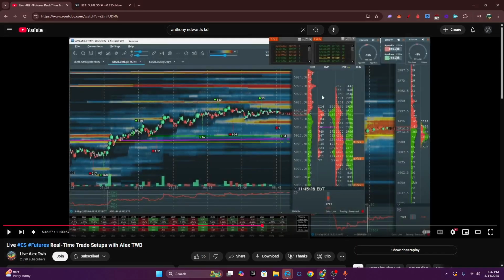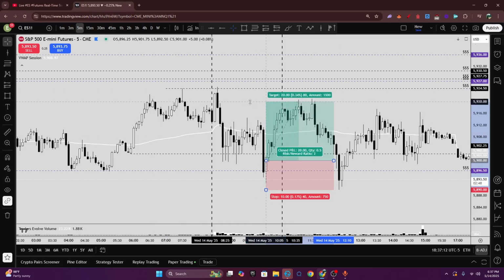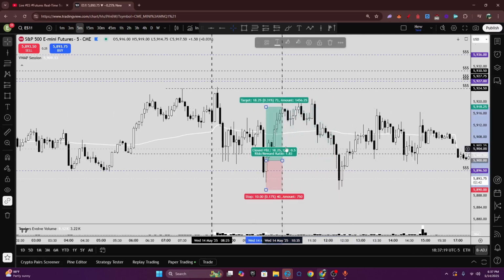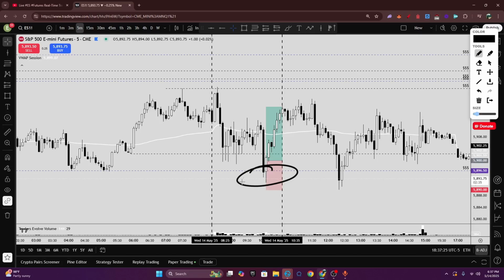And now might be a good area to exit. 5920 did happen to be the area of selling composure, so potentially around 5917 would have been an exit, meaning that this would have been a decent trade that could have been taken simply because we saw confluence in liquidity.